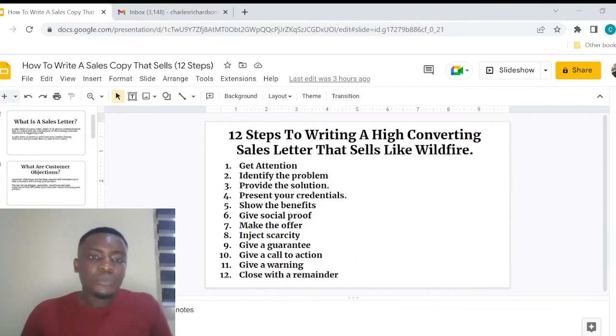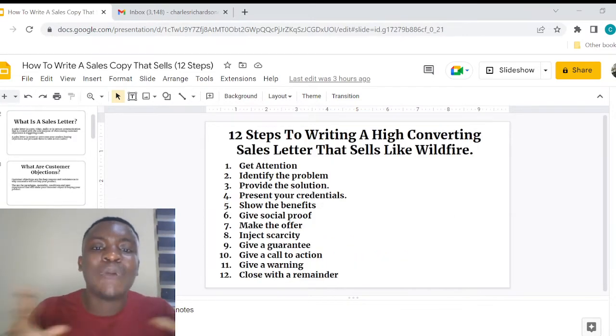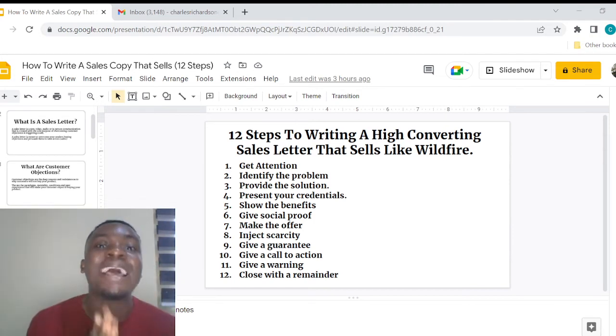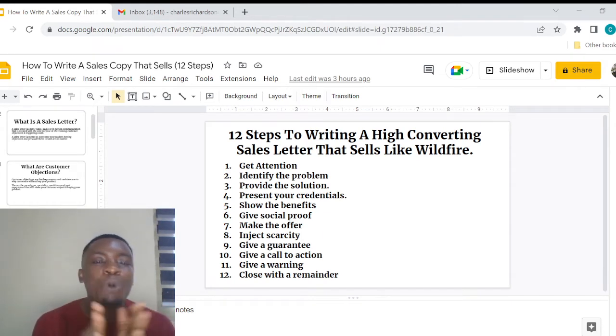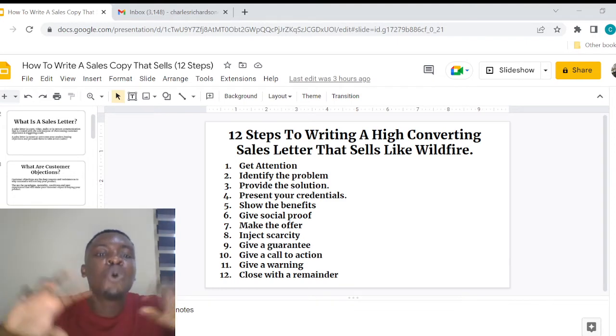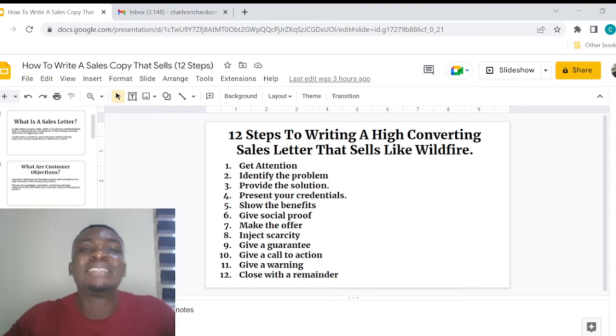Now, what are the 12 steps to writing a high converting sales letter that sells like wildfire? You want to be able to craft a sales letter that once you put it out there, will bring in sales, will bring in orders for your business, will bring in leads and inquiries for your business. Now I'm going to go over the 12 steps of writing a profitable and persuasive sales letter.